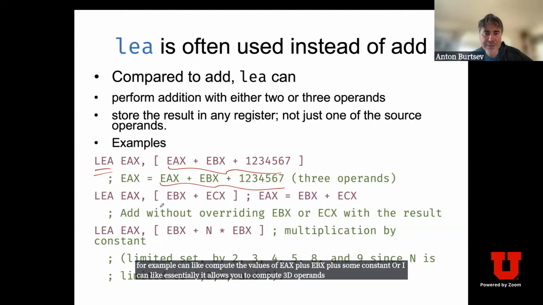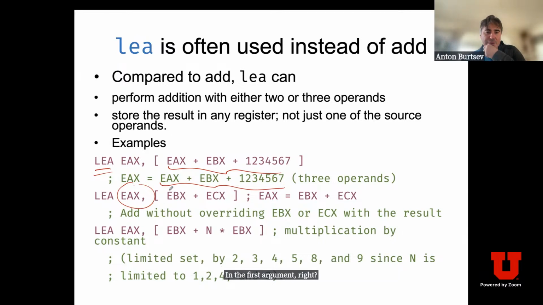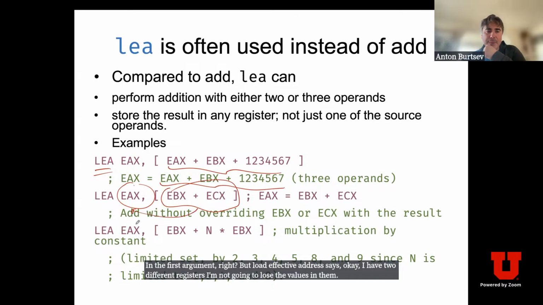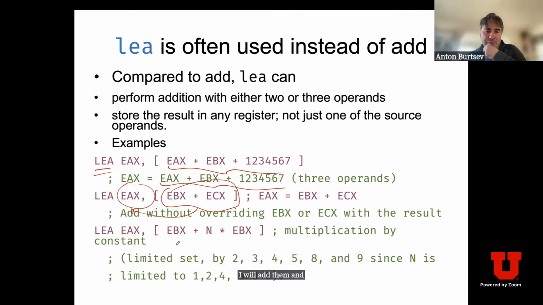A typical addition instruction will overwrite one of the arguments, right? Because it will place the result in the first argument. But load effective address says, okay, I have 2 different registers. I'm not going to lose the values in them. I will add them and place the value in the 3rd register. And there are some funky multiplication rules which you can do with load effective address.